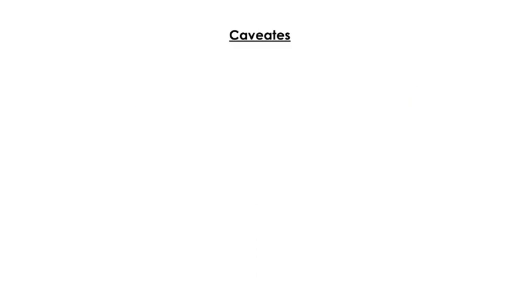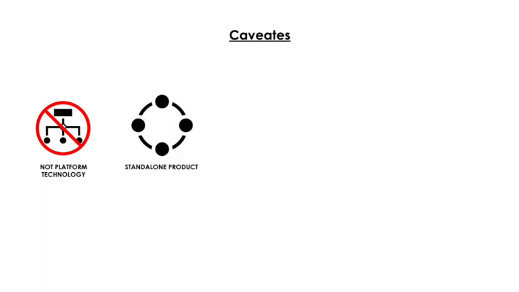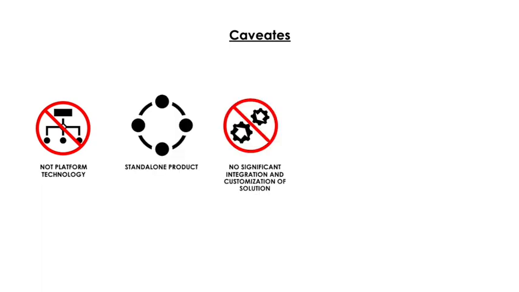While part 1 is more general and applicable more broadly across different types of advanced technologies, the development process discussed in this video is applicable more to advanced technologies that are not platforms for divergent applications. The technology developed leads to a standalone solution that doesn't require significant integration into customers' existing systems.